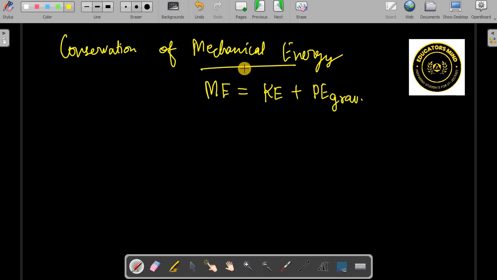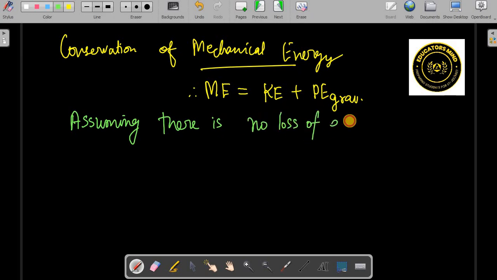This sum is called mechanical energy. And assume that there is no loss of energy due to friction or resistance.